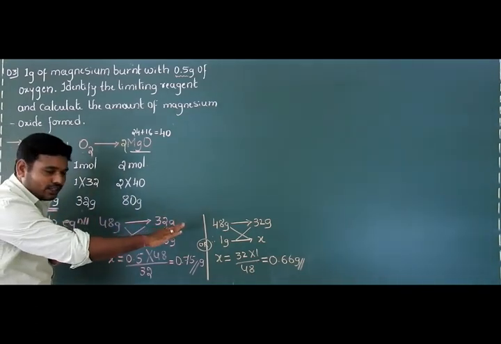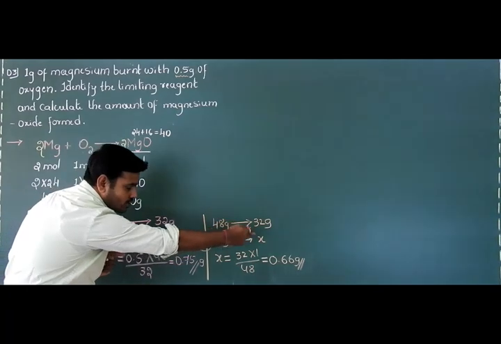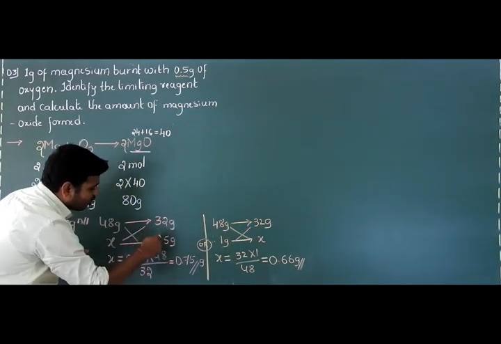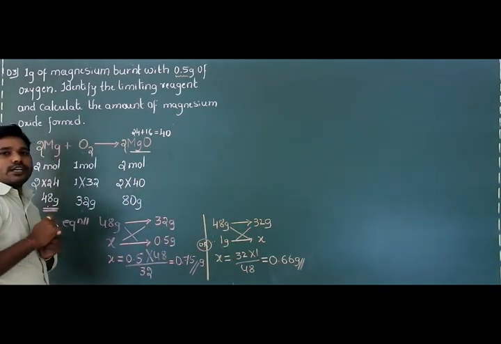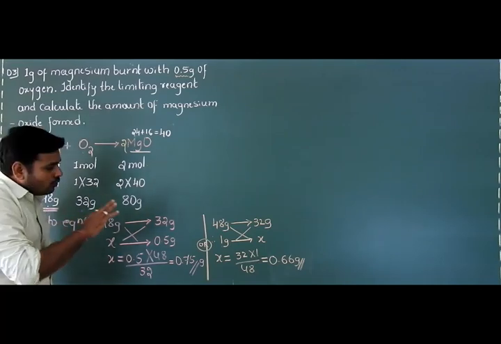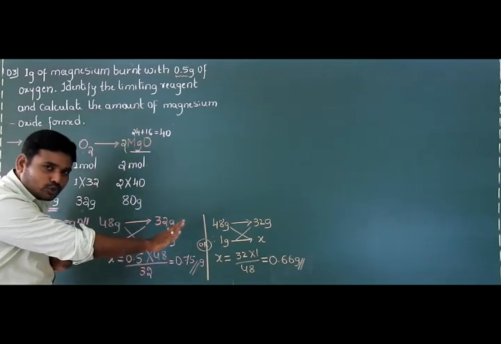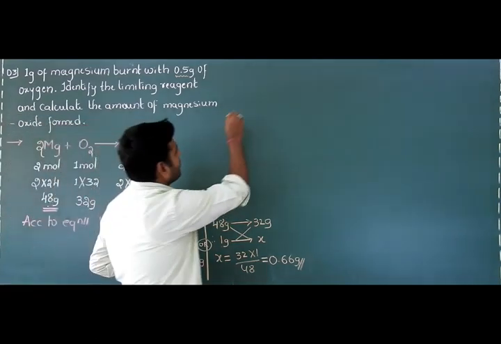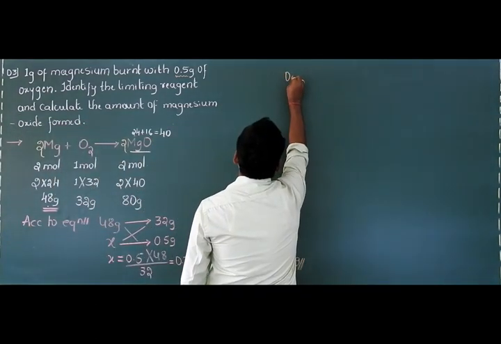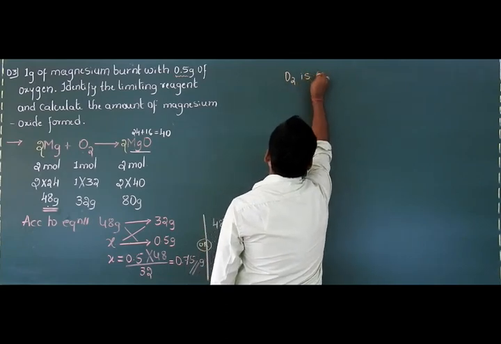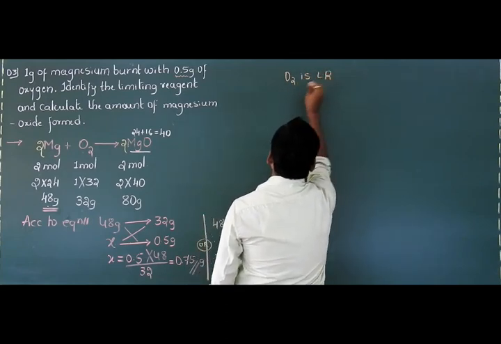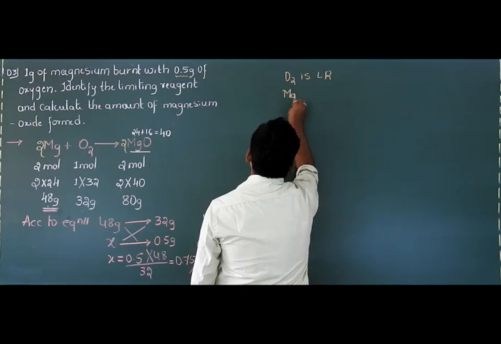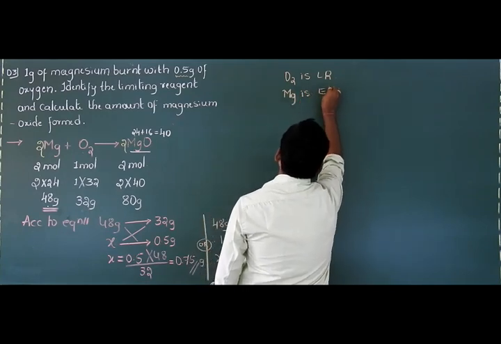So now with this calculation we come to know that in this balanced chemical equation, oxygen is called the limiting reagent and magnesium is called the excess reagent.